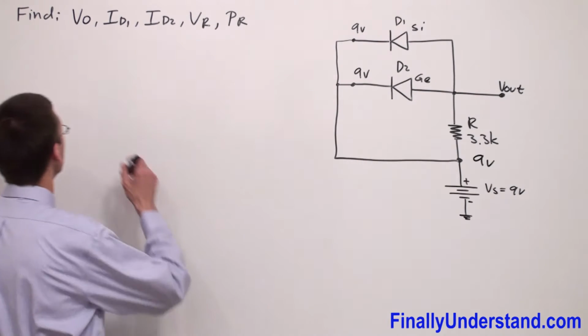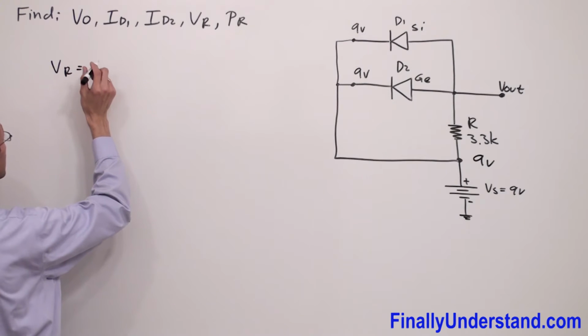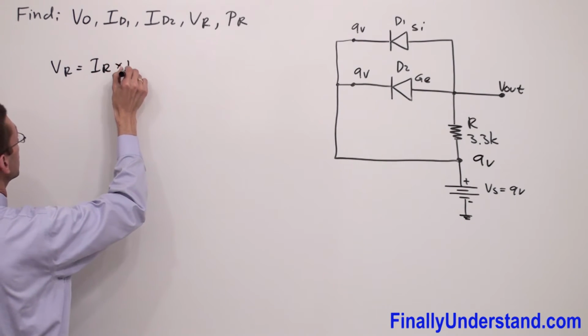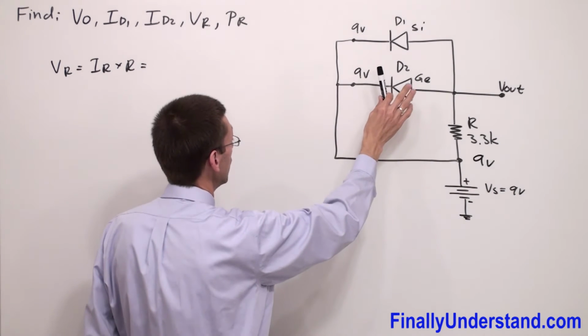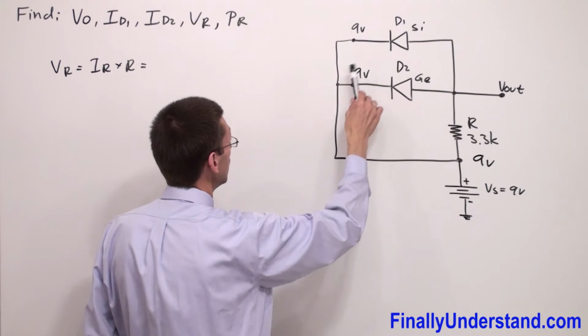Okay, so if I have the formula for voltage VR is equal to IR times the resistance, but we said these two diodes are not conducting, so I have no current flow.